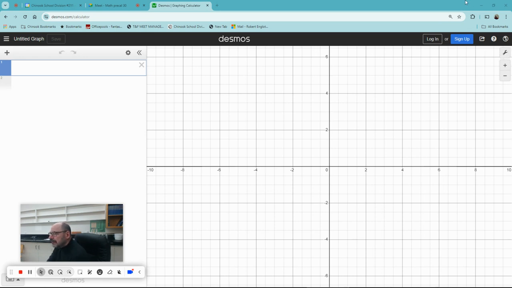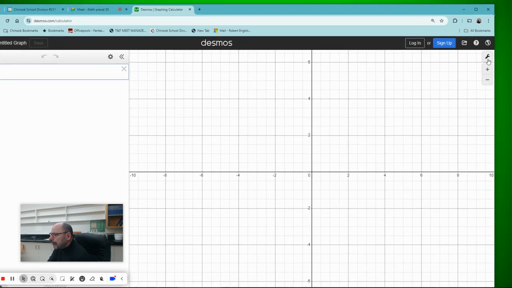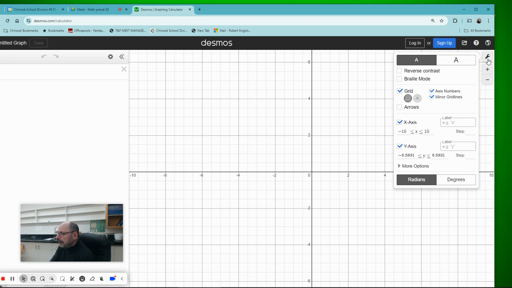It's kind of squished in my view here, so I'll just move it over a little bit. This wrench, you click on that, and this is how you set up your graph to be a graph of whatever limits you want, however many degrees you want it, however high you want it, and that kind of thing. So over here we're gonna go in degrees. So switch from radians to degrees.